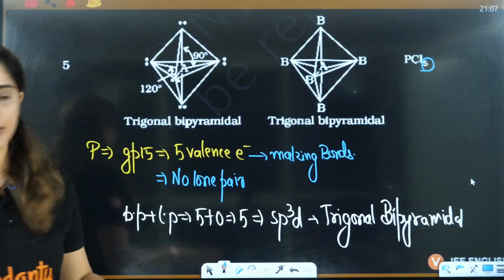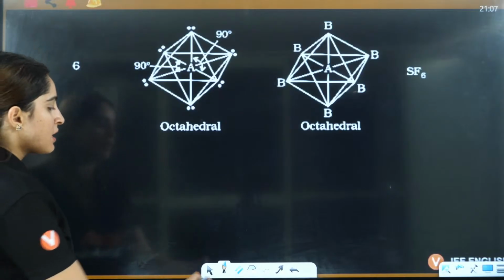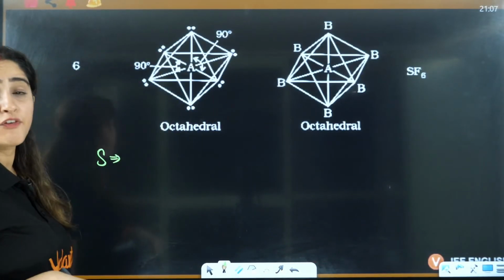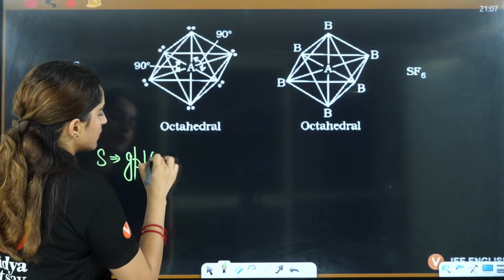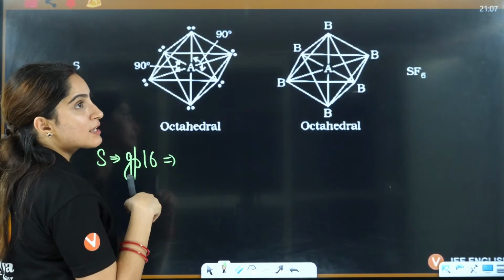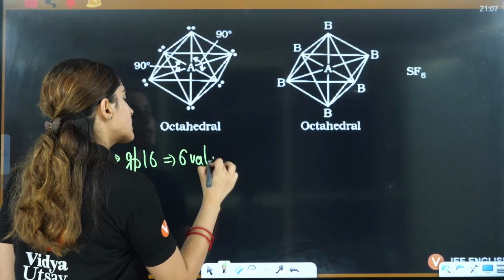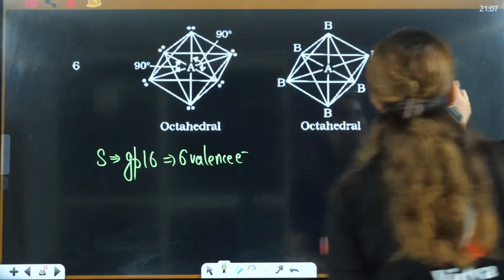Okay, yes everybody. Now let's understand SF6. Sulfur belongs to which group? Sulfur belongs to group number 16. So group number 16 means how many valence electrons? 6 valence electrons, right? How many bonds is it forming?